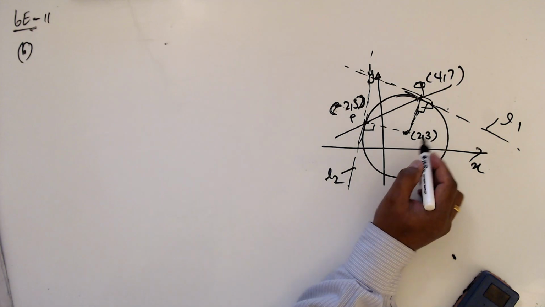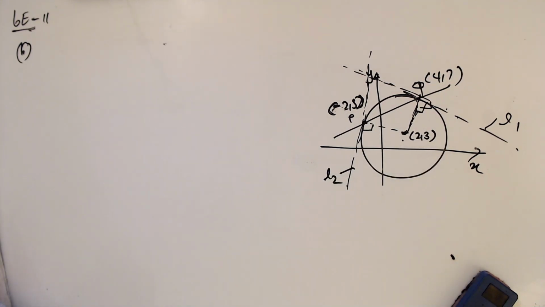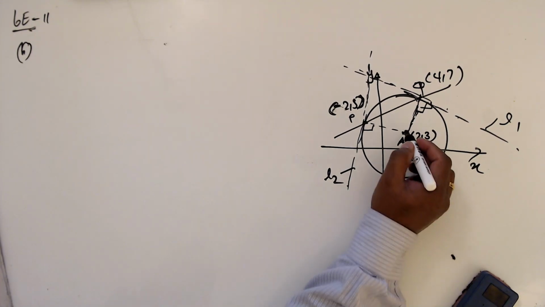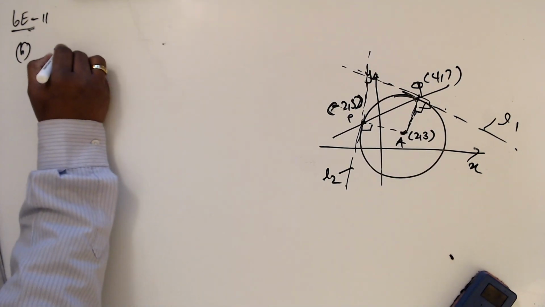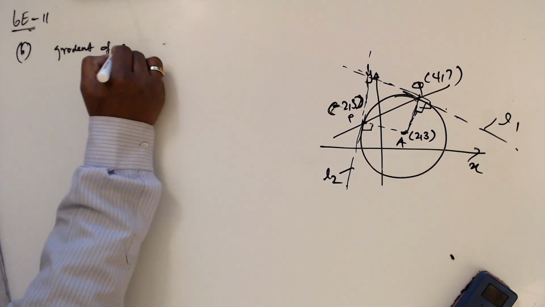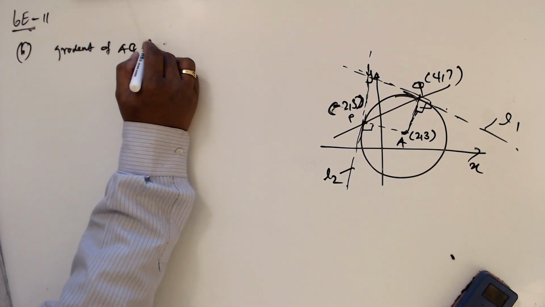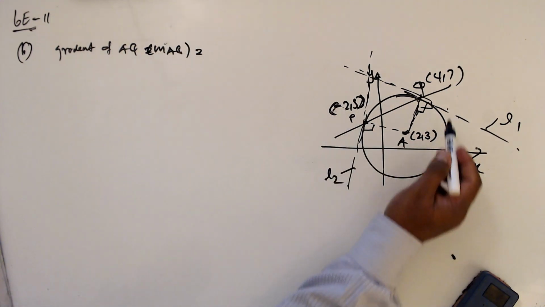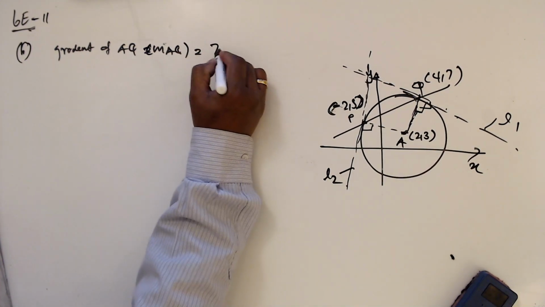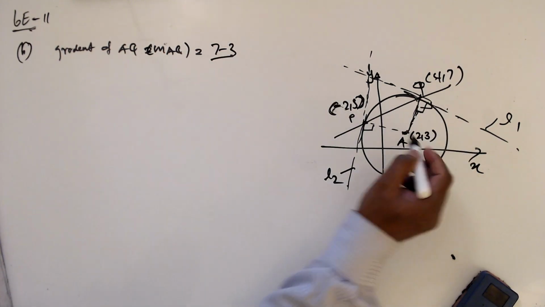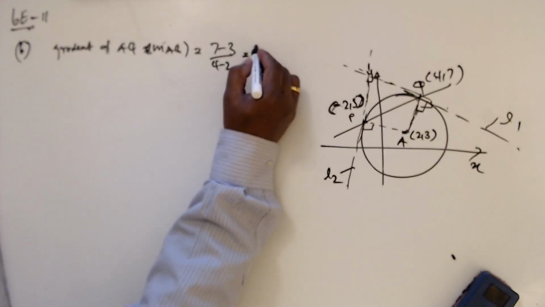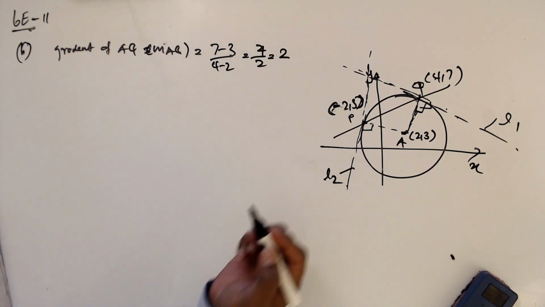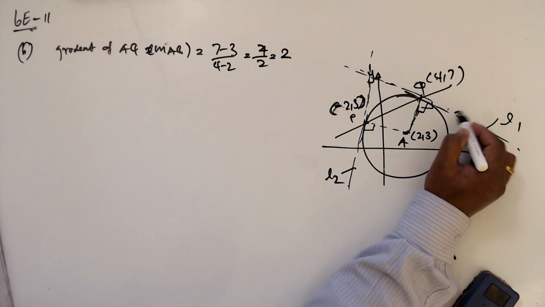Okay, first of all, this center I will name as A. So AQ, gradient of AQ is MAQ equal y1 minus y2, 7 minus 3, divided by x1 minus x2, 4 minus 2. This is going to be 7 minus 3, 4, and 4 minus 2, 2. So gradient of this one is 2.